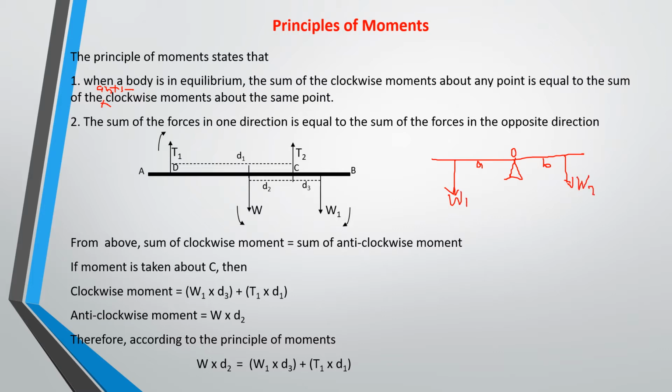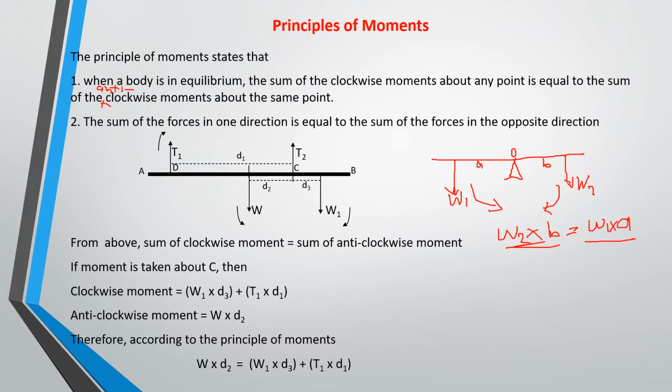Okay, so if you have a system like this, the clockwise moments are the moments or the force that will move this object in the clockwise direction. So this is clockwise, and this is anti-clockwise motion. So what that first principle is saying is that the sum of the clockwise moment here is equal to W2 times B, and your anti-clockwise is W1 times A. So what that principle is saying is that this is equal to this, right?